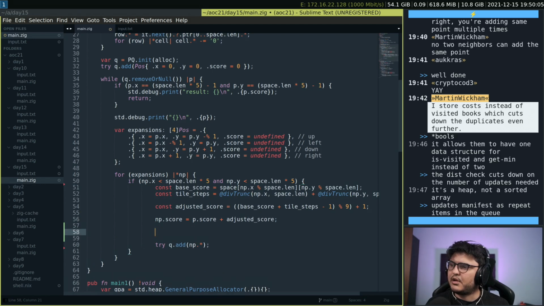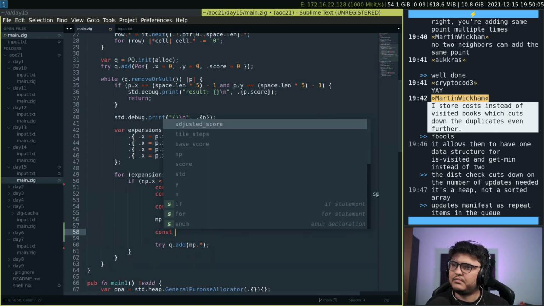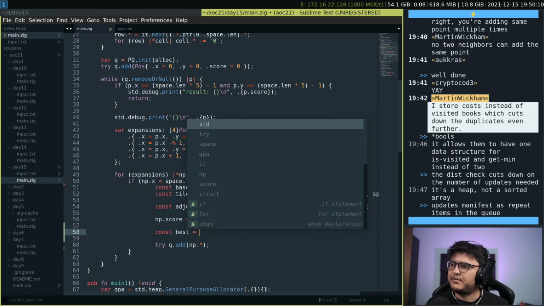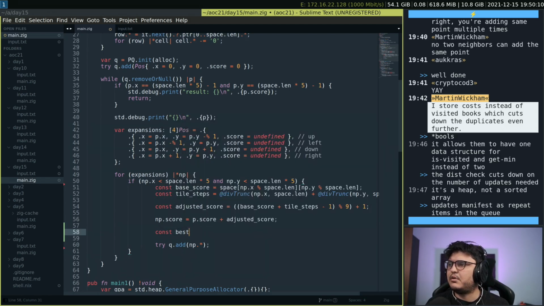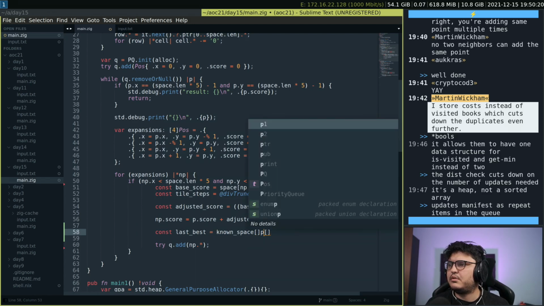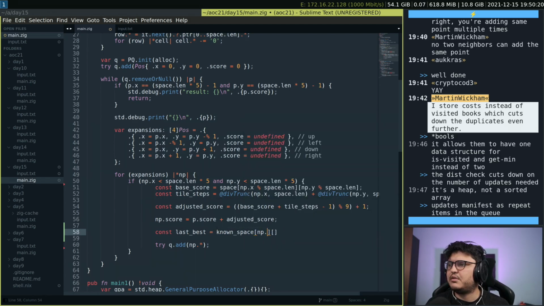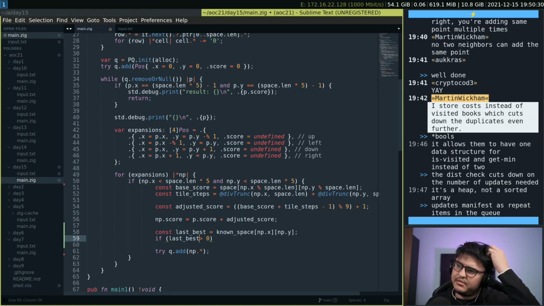So const last best is going to be known space np.x np.y. If last best is greater than 0, we don't put zeros in there, maybe. So we only do this check if the value in there is not 0.